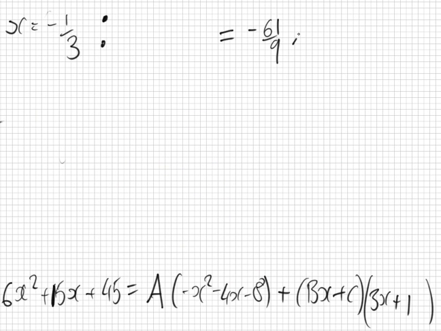So I got equals minus 61 over 9a. Okay, what do we get on the left here? Just exactly 38? Yes? Okay. So now, 38 divided by that, okay, I must have done something wrong here. Minus 1 over 3.